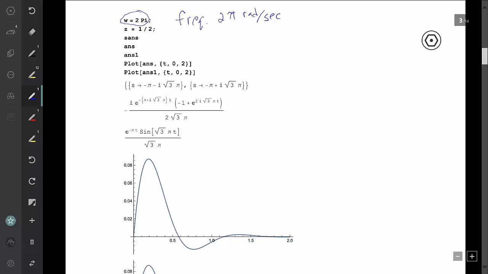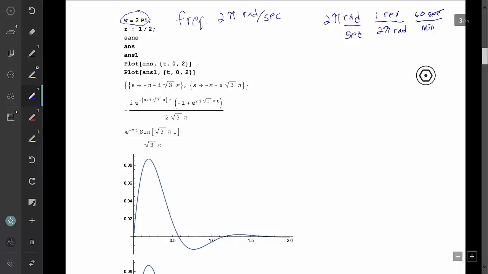So for example, if the frequency is 2 pi radians per second, and you want to convert to RPM, then you want to do a unit conversion. There is 1 revolution in 2 pi radians, and there are 60 seconds in a minute.